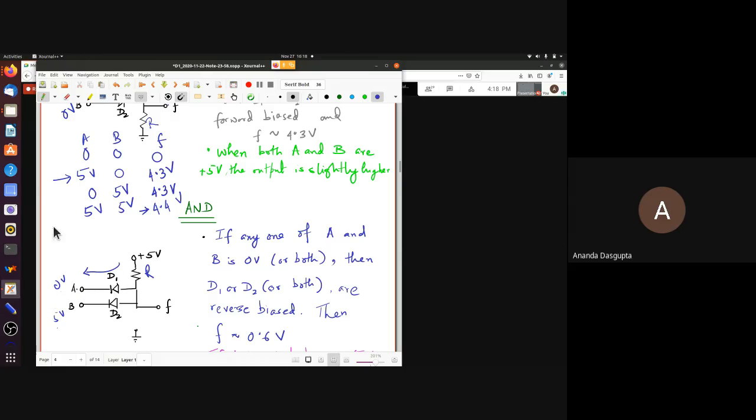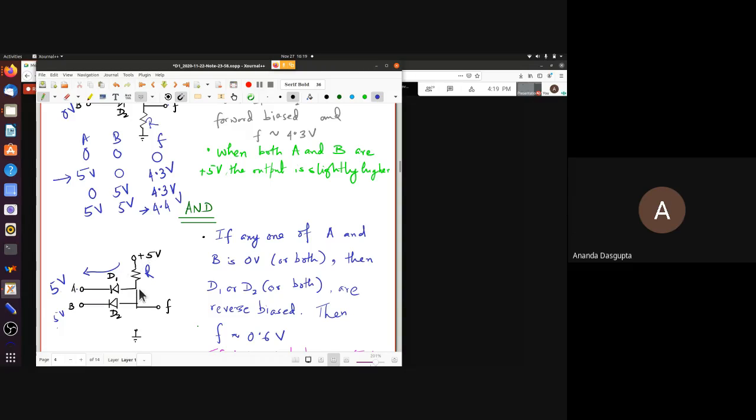Now, if both are at 5 volts, then there is no bias in the circuit. Because there's no bias in the circuit, there's no potential difference, right? That's what makes current flow. And because there's no potential difference in the circuit, there will be no current.